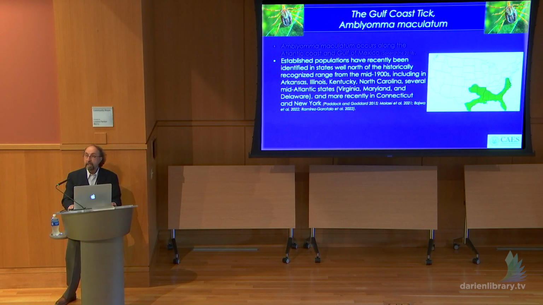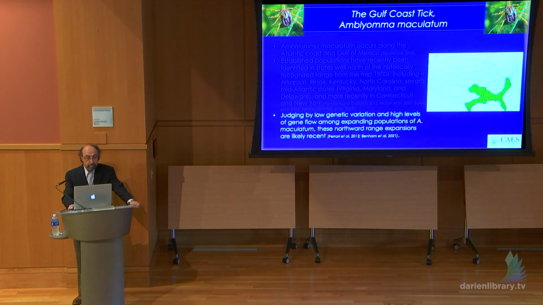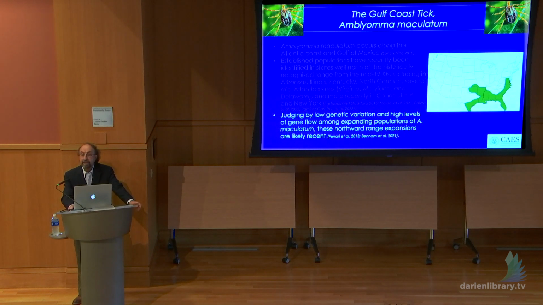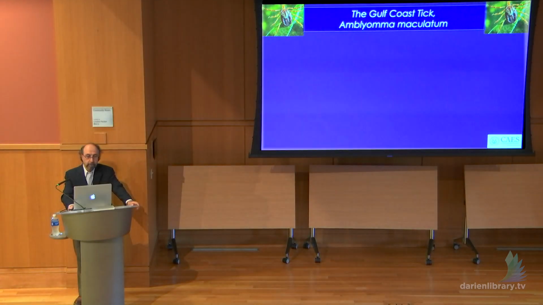And later on, in 2022, it was reported from New York. And it does appear that the population of Gulf Coast tick that we are seeing in the region is a rather recent population, based on the genetic analysis that we have been doing.